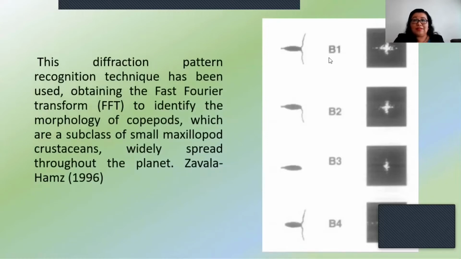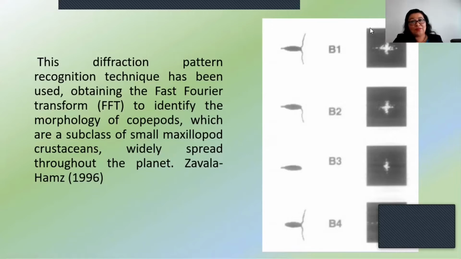On the other hand, the importance of using the Fourier transform for recognition of images through their diffraction pattern is known. We know that diffraction images record the angle-resolved distribution of scattered light for an object under coherent light, and can correlate highly with the morphology of the object.